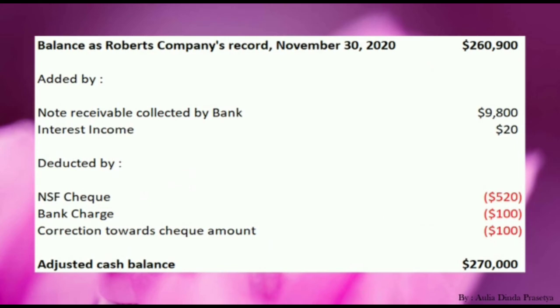The balance as per Robert's company's record on November 30, 2020 is $260,900. What kind of transactions can be added to Robert's company's record? The first one is the note receivable collected by the bank, amounting to $9,800.